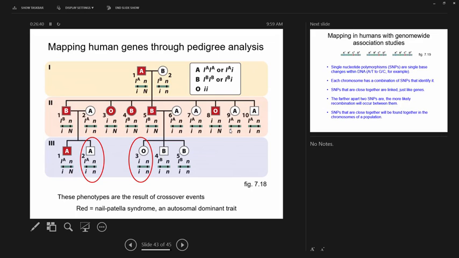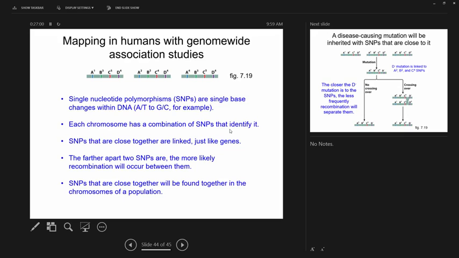This is fine, except unlike C. elegans worms, where we have the dumpies, the uncs, the rollers, blistered, all kinds of mutants that we can look at, humans don't have all these kinds of mutations that are handy for mapping against. So what we generally end up doing is we map against what are called SNPs, or single nucleotide polymorphisms.